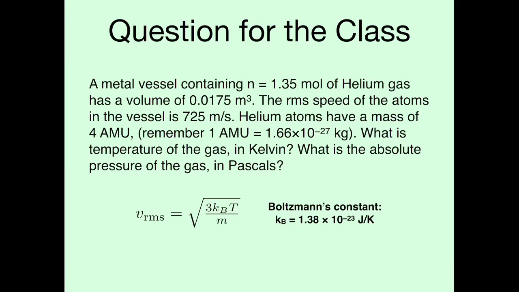The helium atoms have a mass of 4 AMU, and remember that an AMU is equal to 1.66 times 10 to the minus 27 kilograms. So 2 questions here. What is the absolute temperature of the gas in Kelvin? And what is the absolute pressure of the gas in pascals? So see if you can work this out, and pause the video at this point, see if you can get the answer, and then come back to it and compare with me.